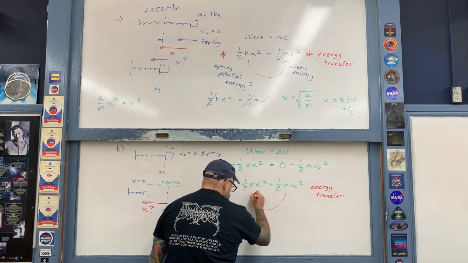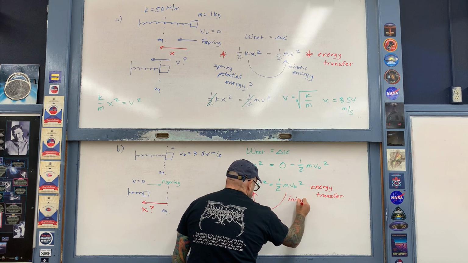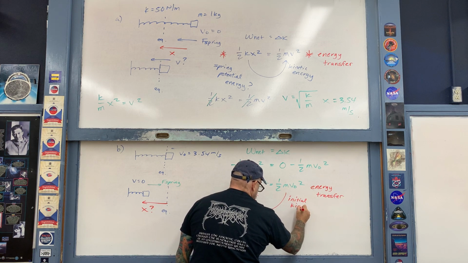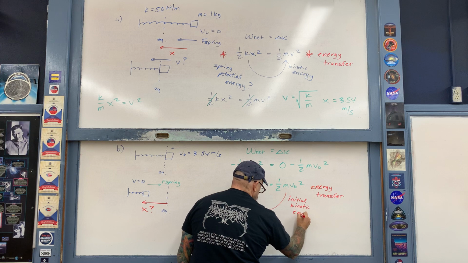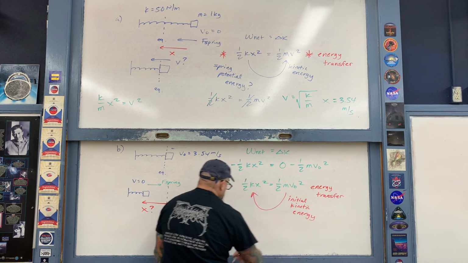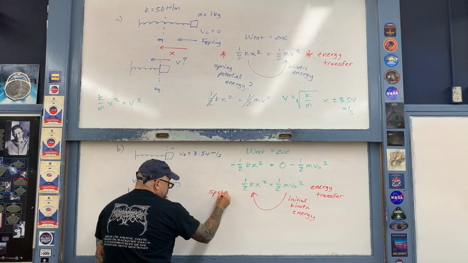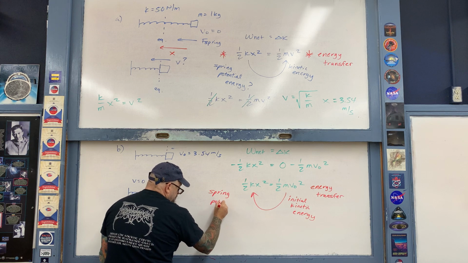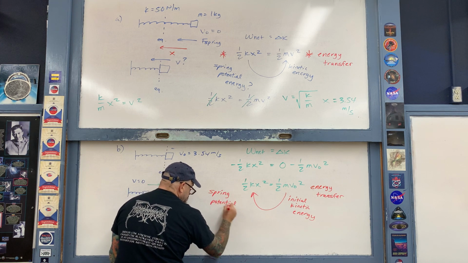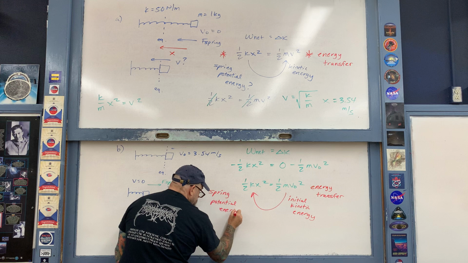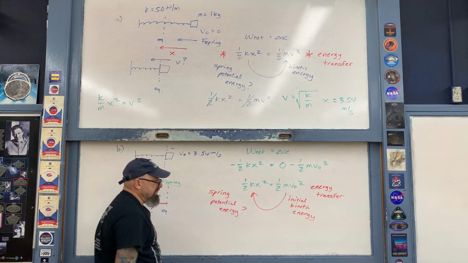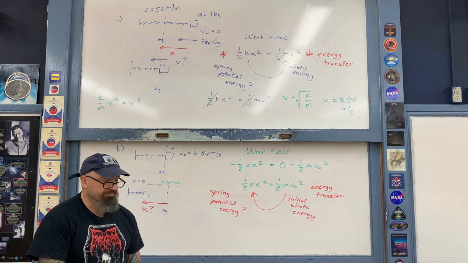So this becomes this. This is the initial kinetic energy as we're passing through equilibrium, once again for part B of the example. And then this right here is this new term. I'm going to still keep a question mark associated with it. We'll eventually get rid of that question mark, but for now, I'm just using the example to introduce you to the idea of spring potential energy.